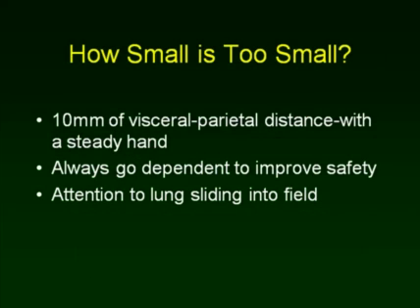How small is too small? Well, with a steady hand, if there's greater than 10 millimeters of visceral to parietal distance, it can be done safely. To enlarge the target area, always scan as dependent as possible and be very careful of the lung sliding into the field with respiratory cycling.